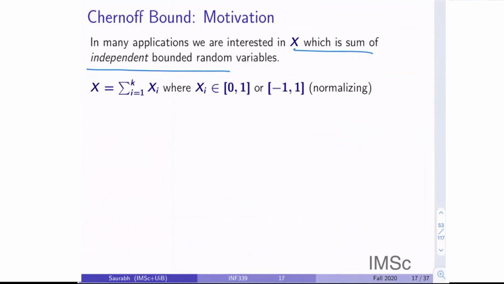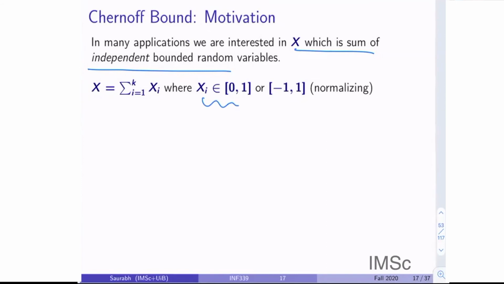So, it is about sums of independent bounded random variables. What is the meaning of independent and bounded? Well, bounded means xi takes values within a range. It's not unbounded. So, for example, xi is between 0 and 1, or xi is between -1 and 1, normalizing. And x is nothing but the summation of these xi. So we are assuming many more things about these variables: that the xi's are independent, bounded random variables.